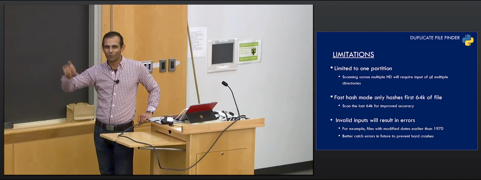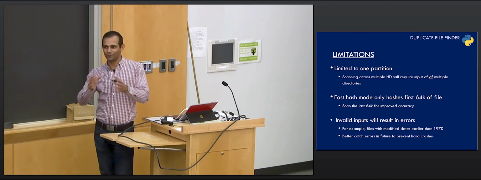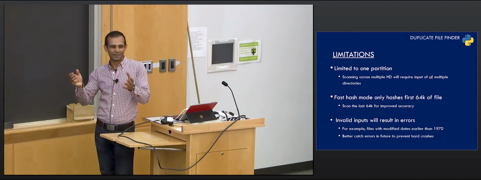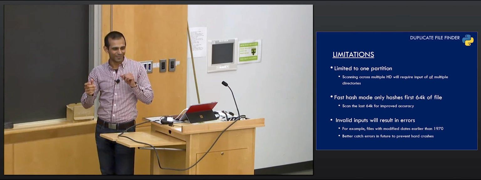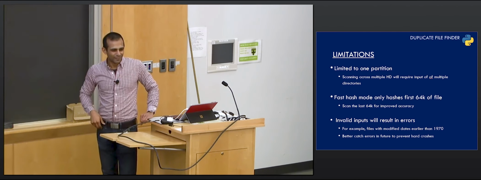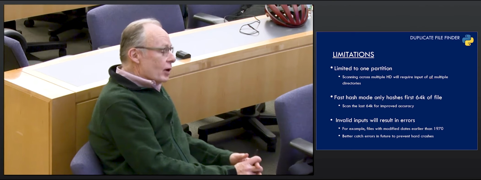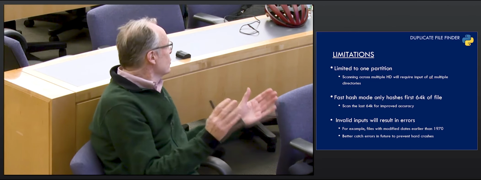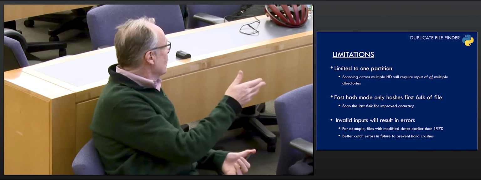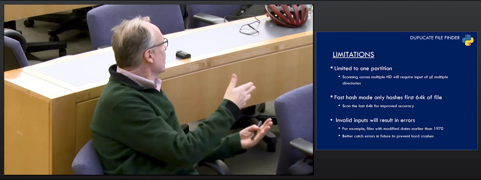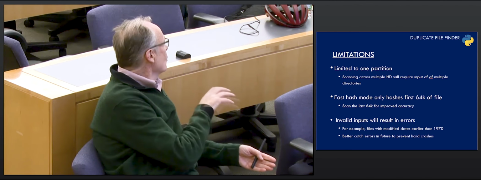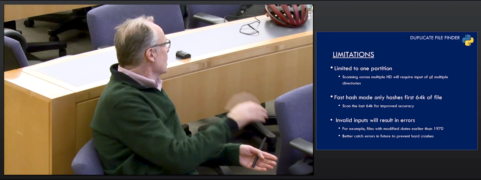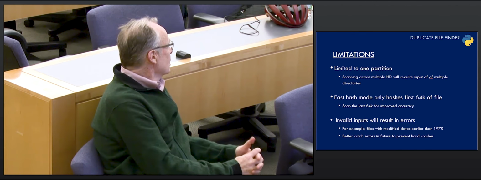So for very large files, the first 64K can be the same. And Jeff probably knows the answer to this better, file format probably, to some extent. I'm surprised you'd have a 64K header. But typically, if you're editing some kind of text file or program file, you're often working at the bottom rather than the top. That's what I thought. Yep.